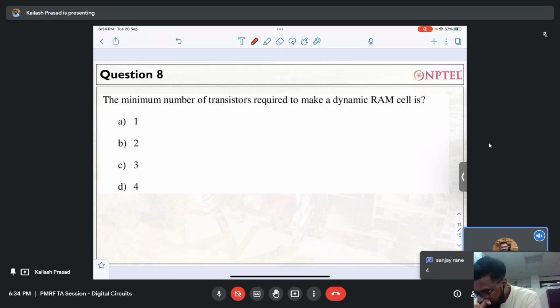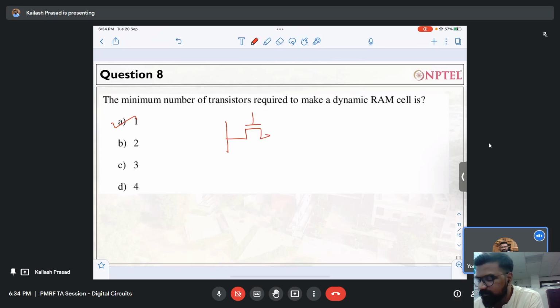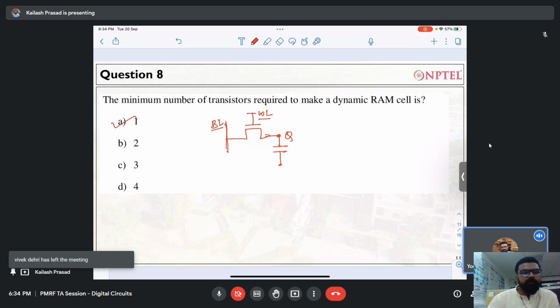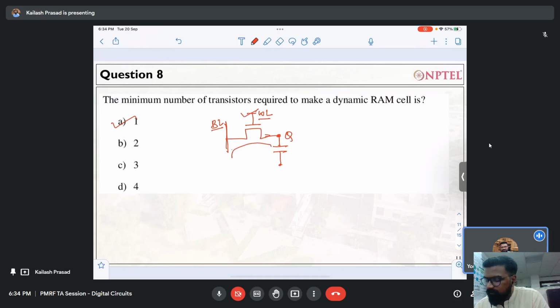Actually, it is only one. Let me design a DRAM cell for you. This is how one DRAM cell looks. This is the transistor and this is the capacitor. You write the data here. This is my Q node, and there is something called the word line WL. This is called the bit line BL. Whenever WL is 1, the data will be read. Whenever it is 0, the data will be held.